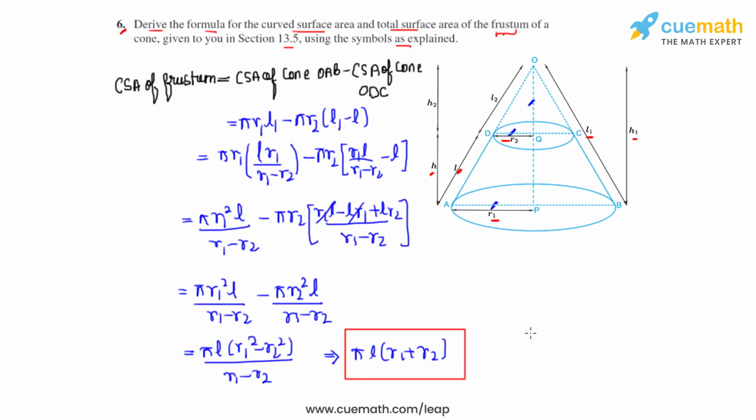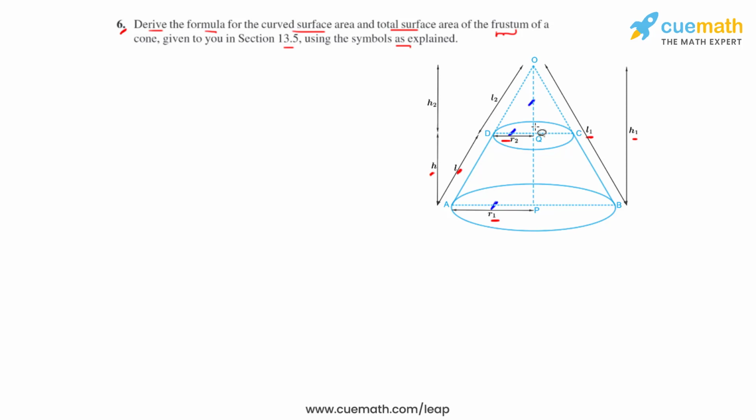The next thing we have to do is find the total surface area of the frustum part. The total surface area of the frustum part will be the curved surface area that we have just found, plus the area of circle 1, which is at the bottom, and the area of circle 2, which is at the top.